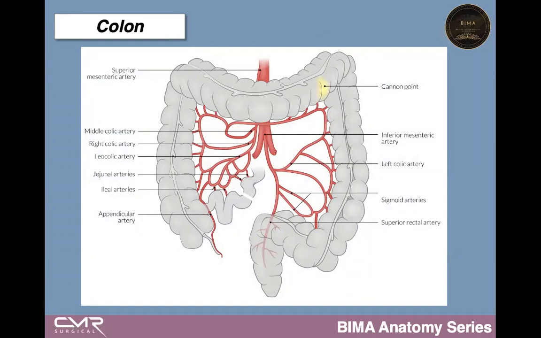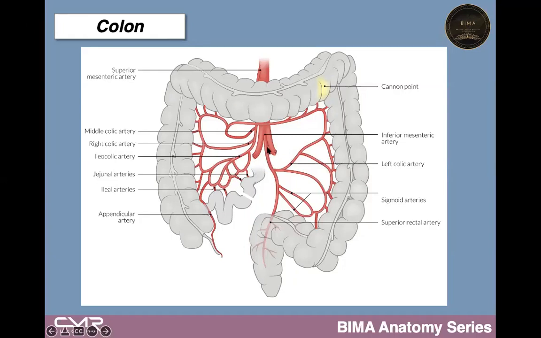So you've got two big trunks which are supplying the large bowel. You've got the superior mesenteric artery here. Anyone tell me what level this is roughly? Yeah, exactly. It's L1. Well, L1, L2. A bit difficult to be specific sometimes.